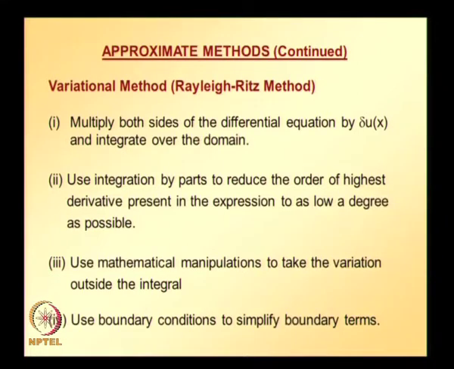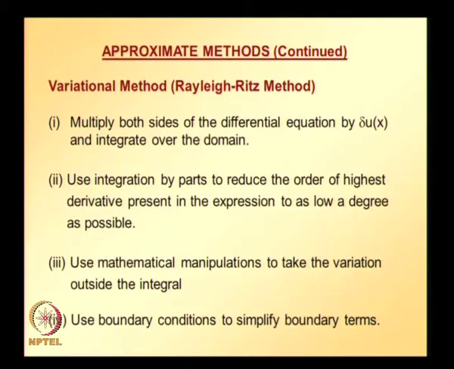So, in the third step we are going to use some of the variational identities, because the final objective in the variational method is to bring the given boundary value problem into the form variation of some quantity inside the bracket is equal to 0. Variation of something inside the bracket being 0 is possible only if the partial derivative of that quantity with respect to the unknown parameters is equal to 0.